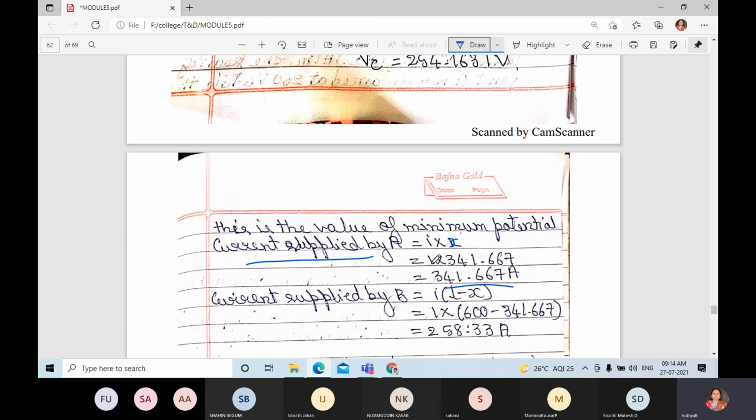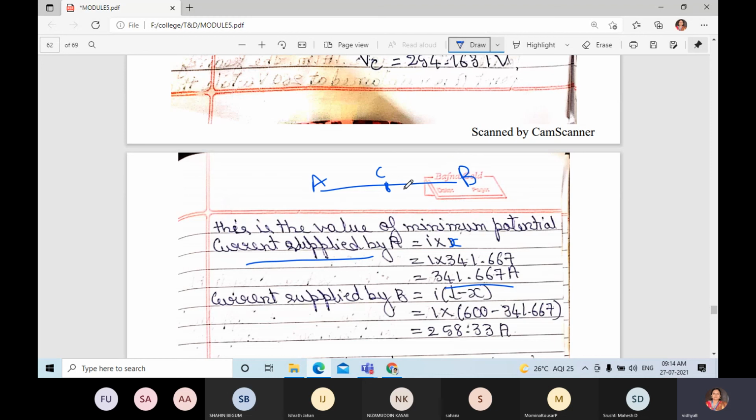I value is 1. Current supplied by B is I into L minus x, because from C to B. This line here is A, and here it is B. We have taken some point, that is C. From A to C the current is 341.667, and the current supplied by B, because this is fed at both ends, right?